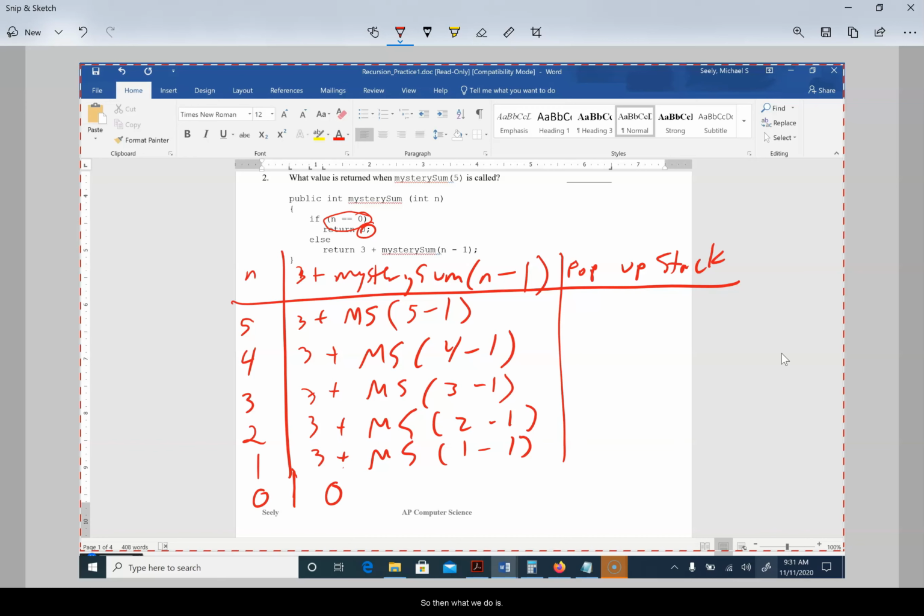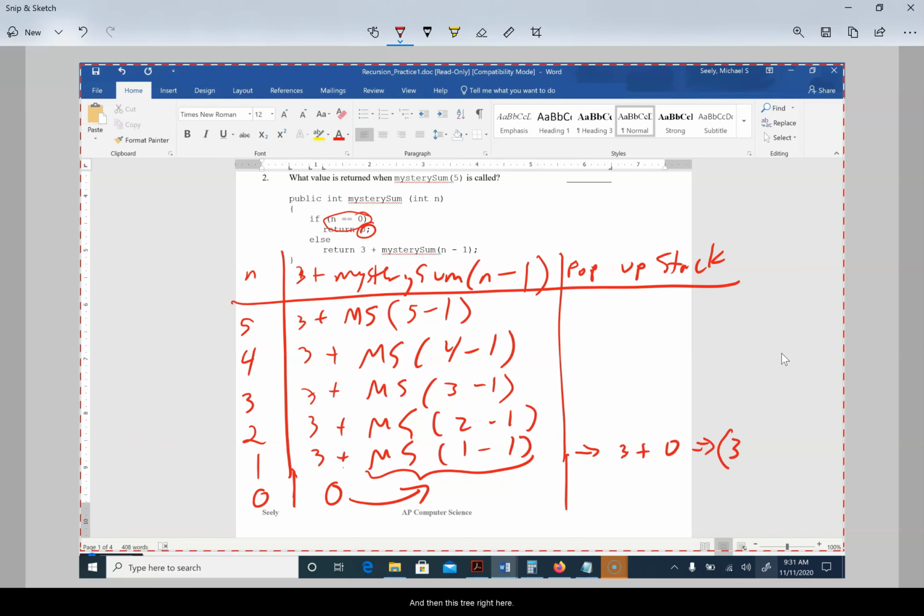So then what we do is the 0 starts popping back up the stack, kind of like our, again, like our Russian doll with multiple layers. So this right here becomes 3 plus 0, and that is 3.